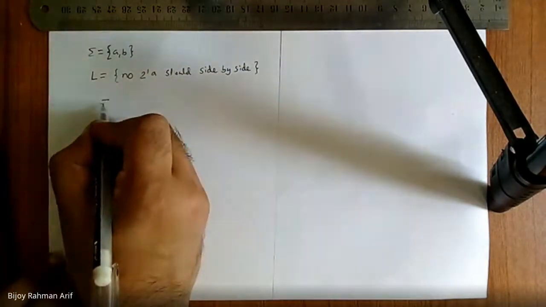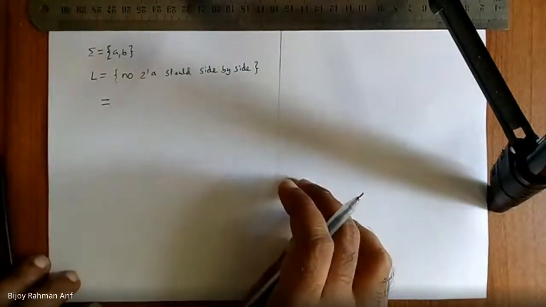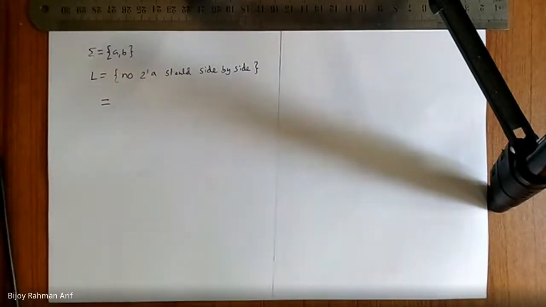So this is my language. No two A's should be side by side. So what are the strings inside this language?